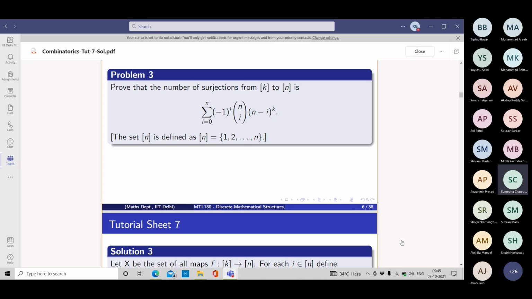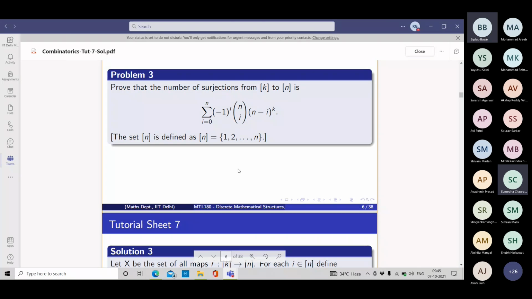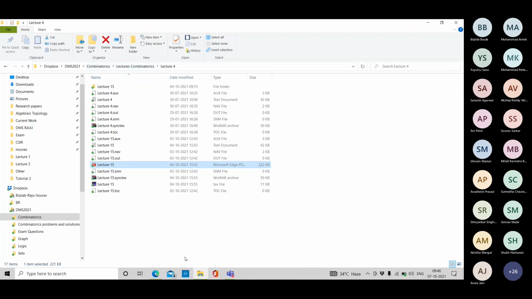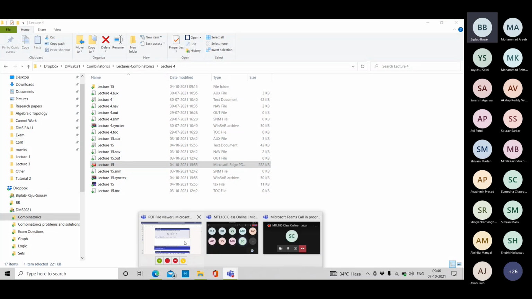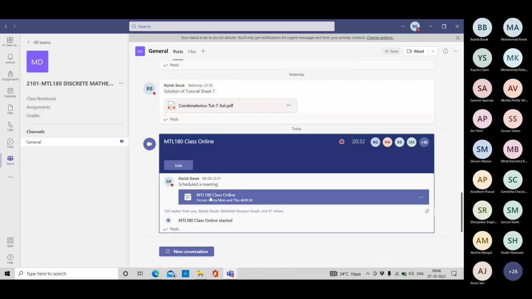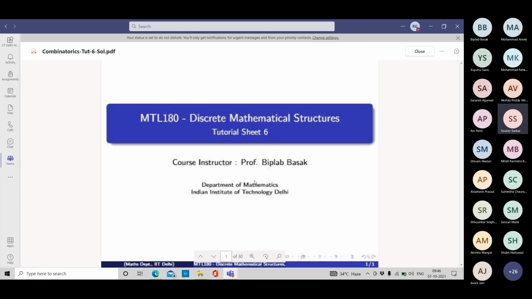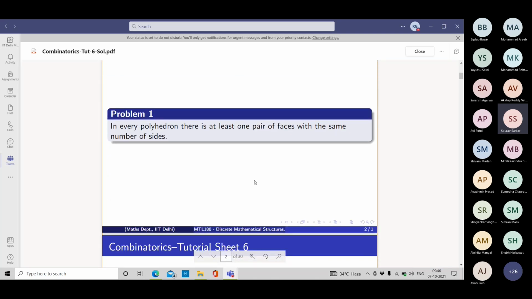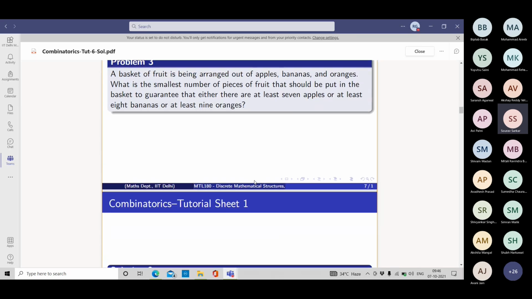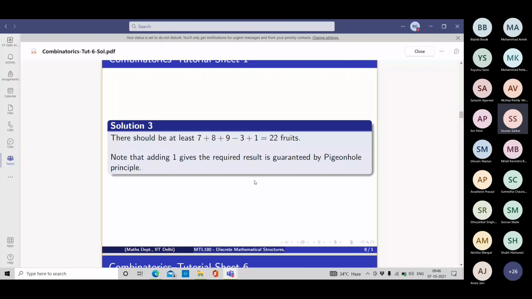Sir, in tutorial 6 there was a question, I guess question 3, regarding counting of fruits.